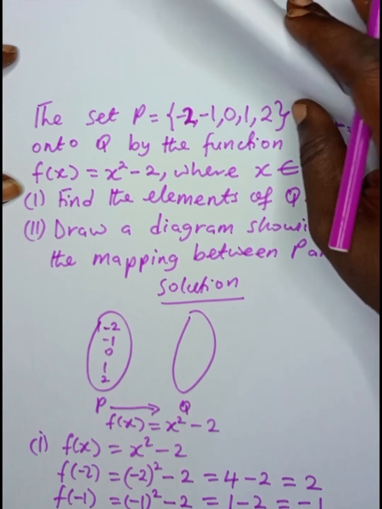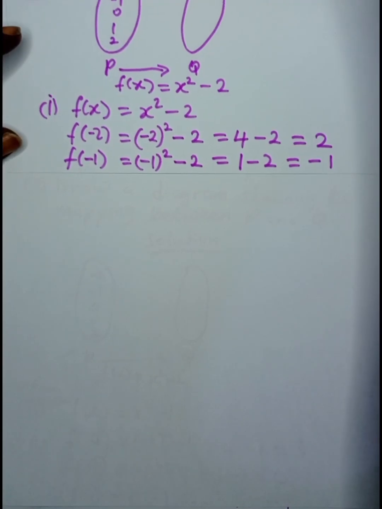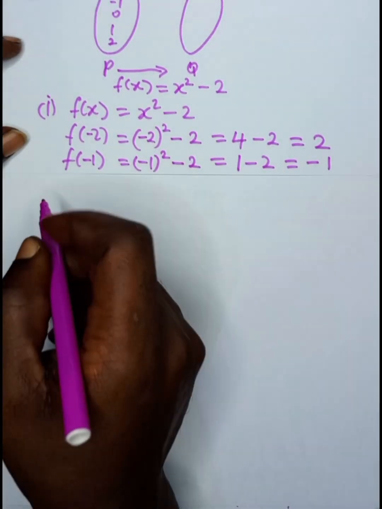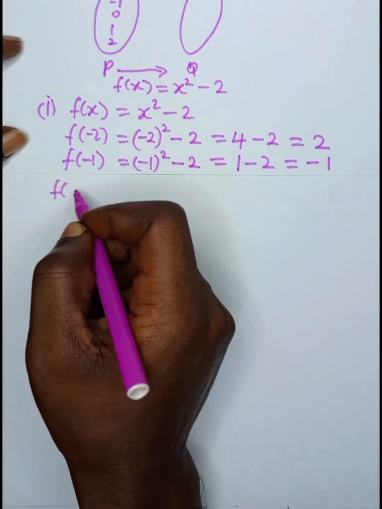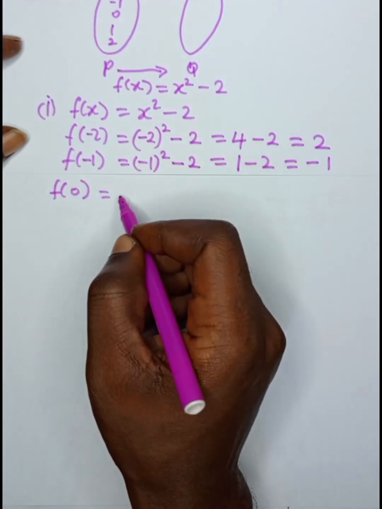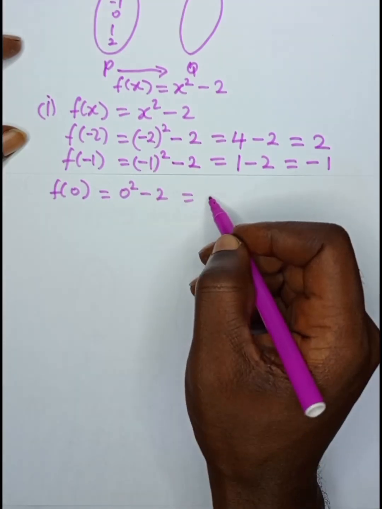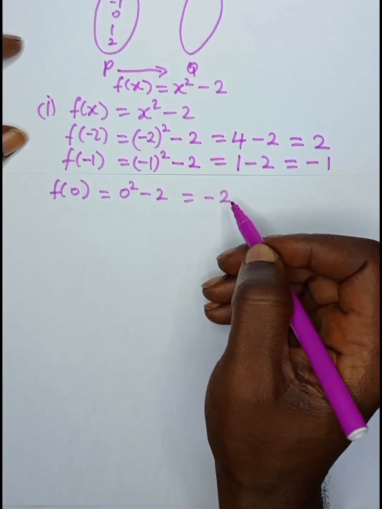Okay, let us continue. When x is equal to 0, we get 0 squared minus 2, which is equal to -2.